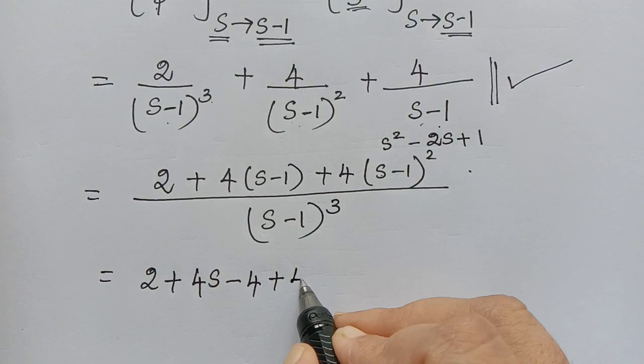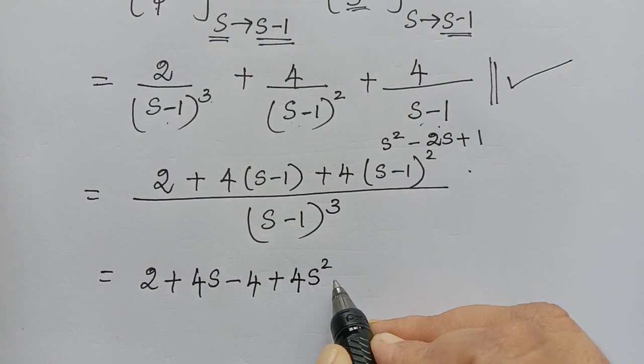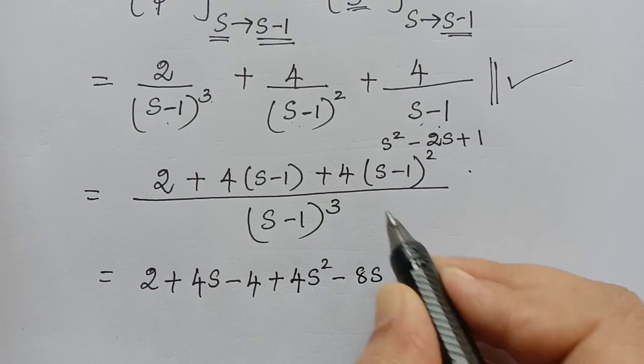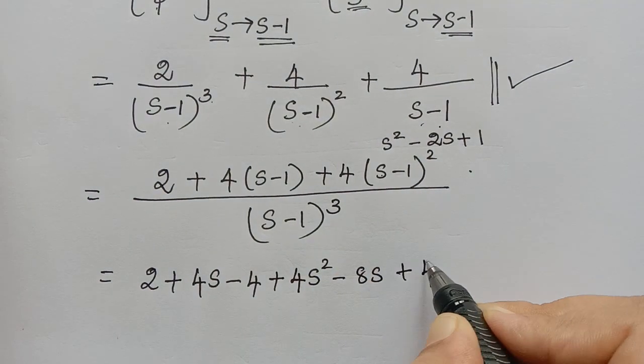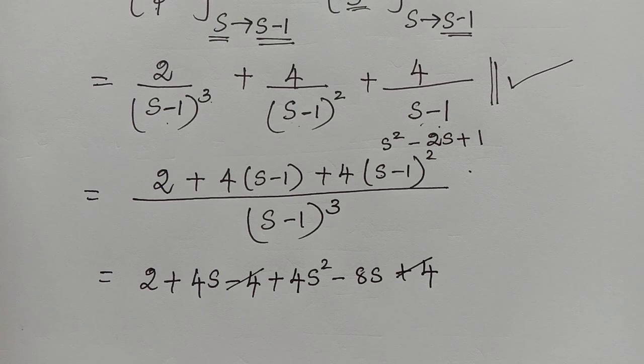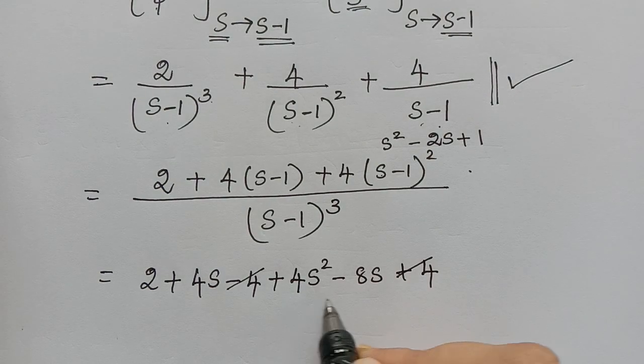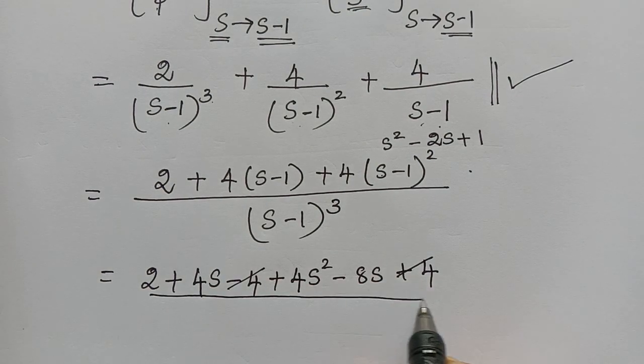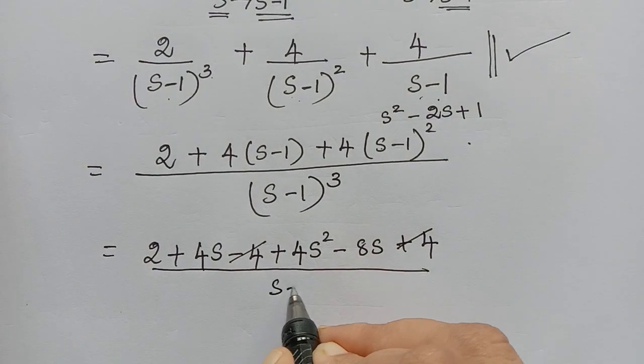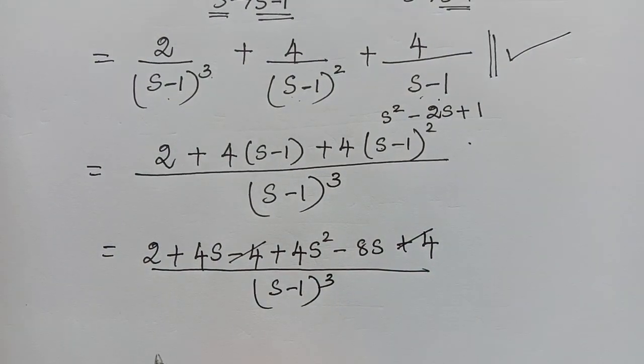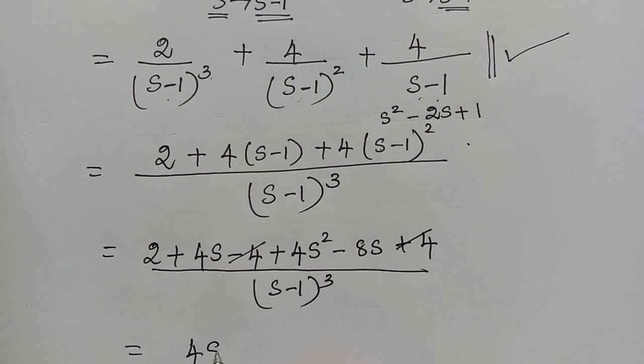So when 4 is multiplied with that, it will be 4s square minus 8s and then plus 4. So this plus 4 and negative 4 will get cancelled, and we have 4s divided by (s minus 1) the whole cube.